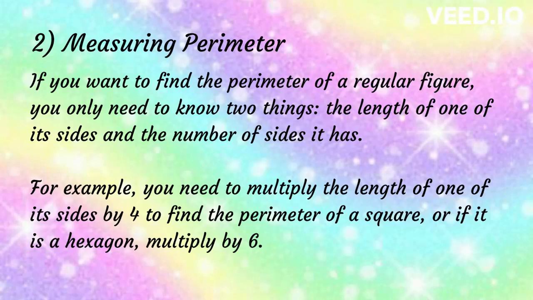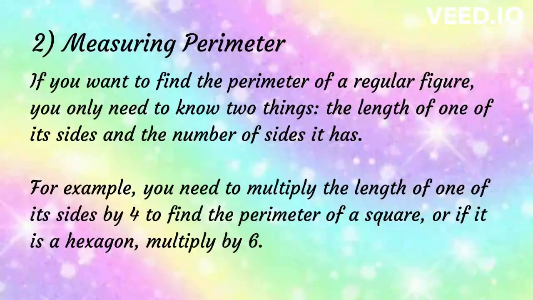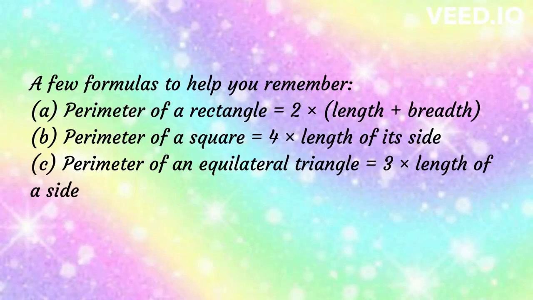Remembering this simple formula can help you quickly and easily find the perimeter of any regular figure: know the length of one of its sides and the number of sides it has. Moving on, let us understand a few rules of measuring the perimeter.